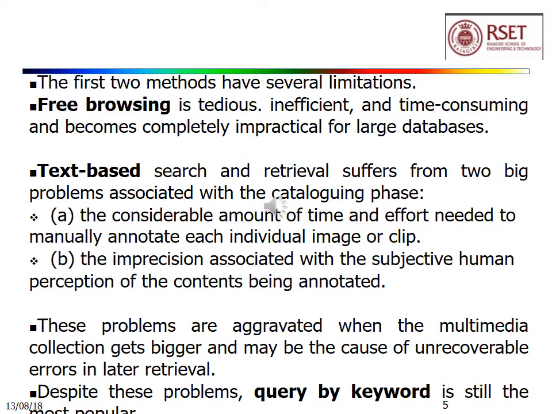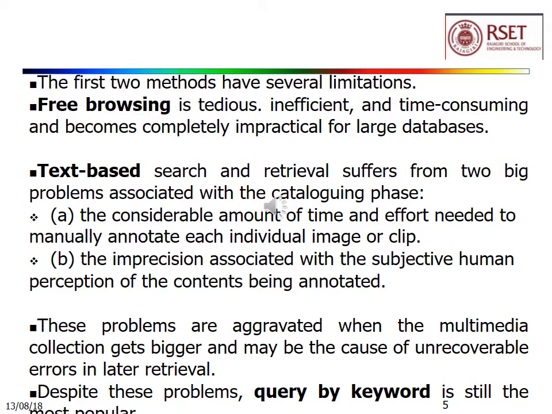The main problem in the text-based method is that it requires a considerable amount of time and effort to manually allot a text description to each individual image or clip. Another problem is that for the same image, users can assign different text descriptions.